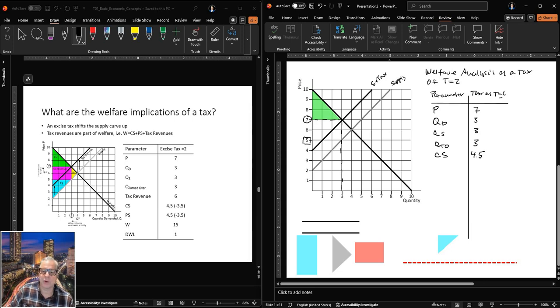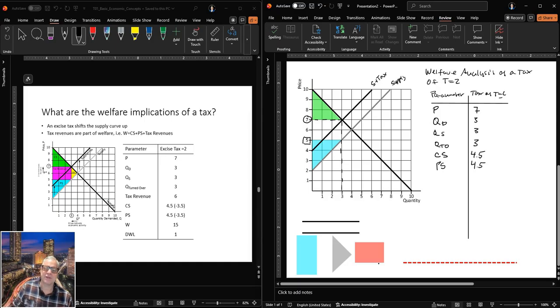That is their real cost of production, their real reservation price is here, but they get only 5. So that means producer surplus is this area here. So producer surplus is also a triangle, base times height, 3 times 3 over 2, 4.5.